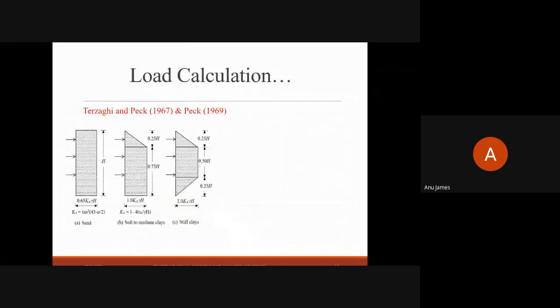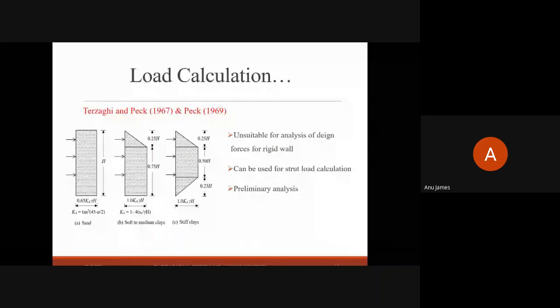Next, the commonly used empirical method is Peck's apparent earth pressure diagrams. This is the most popular and very widely used method for calculating the lateral loads. These are derived from studying a significant number of excavation case histories, and different expressions are given for different soil conditions. However, researchers show that these equations are not suitable for determining the design loads of rigid diaphragm walls.